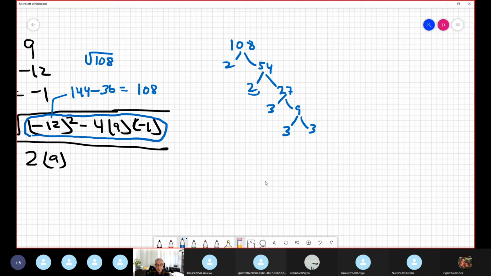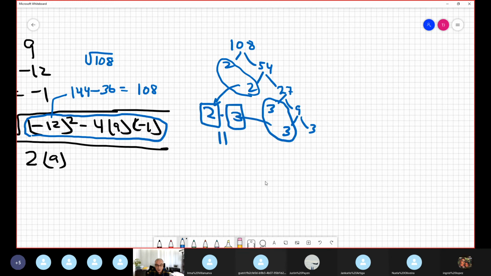Now I discovered one couple of 2s and another couple of 3s. Each couple can send one number outside: 2 can fly outside, 3 can fly outside, and 2 times 3 together is 6. So basically the square root of 108 is 6 radical 3. Where does this 3 come from? It is the last 3.